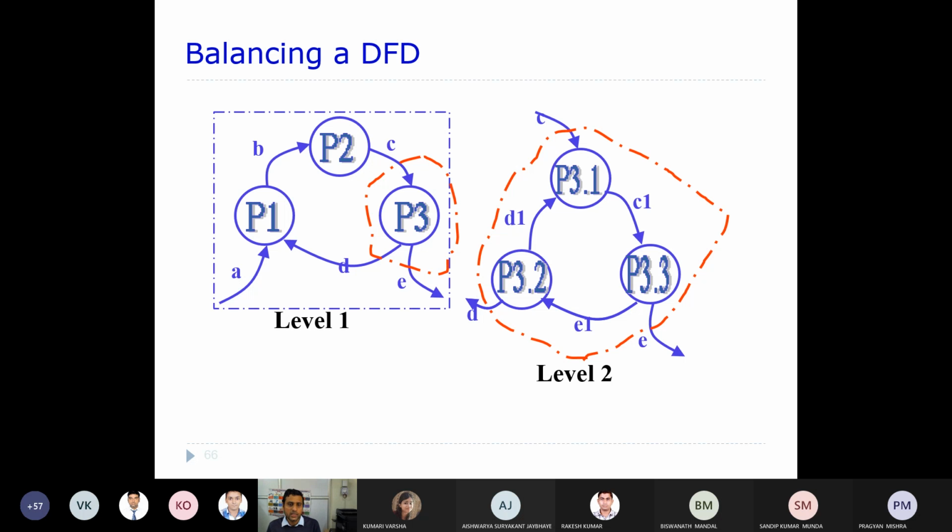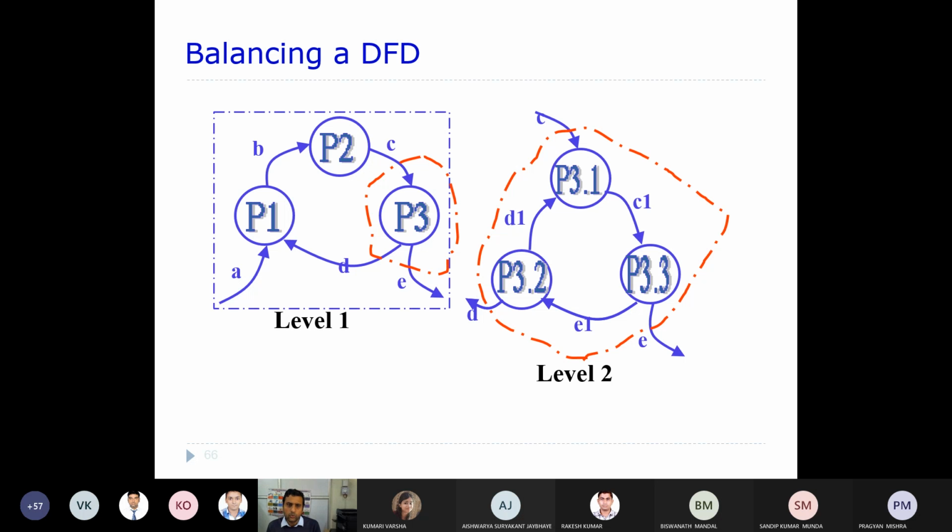Do you understand? So if you see here, let's say for P3.1, there may be 4 inputs, 5 inputs, any number of inputs according to your decomposition, right? Similarly, P3.3 can also have any number of inputs and outputs, and P3.2 also can have any number of inputs and outputs.